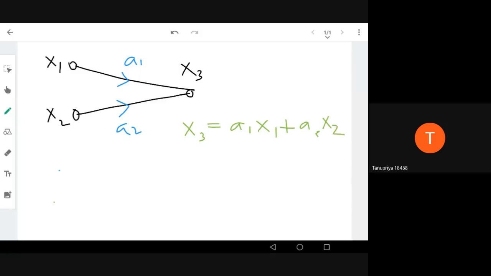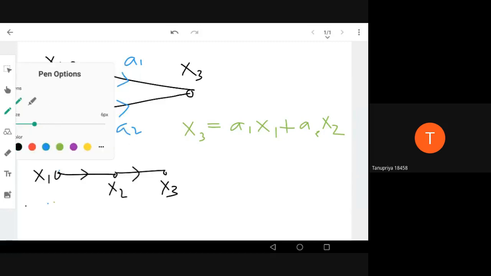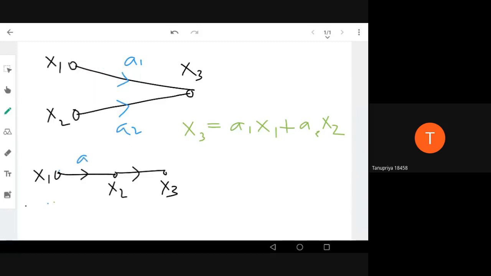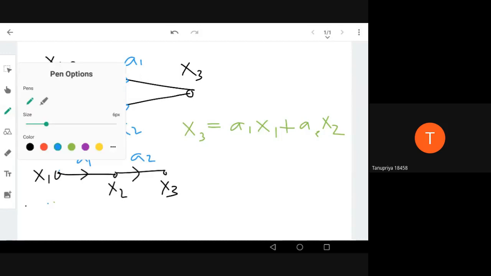It's very simple. Now if we have a path from x1 to a node x2, and then to x3, with gain a1 and gain a2, how can we write the simplified way of writing the same thing?